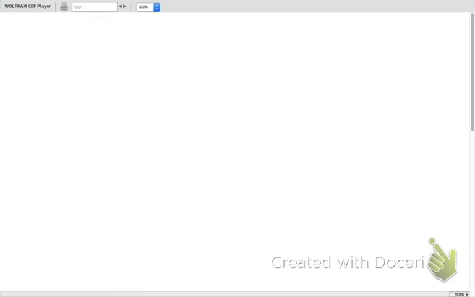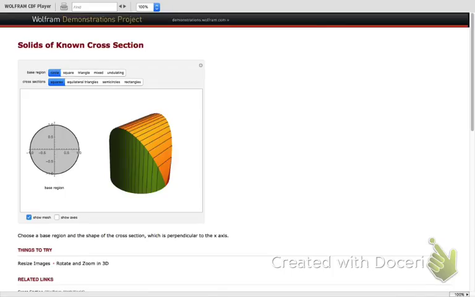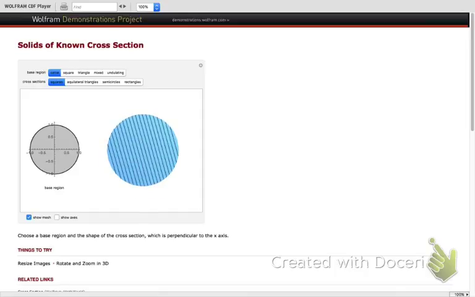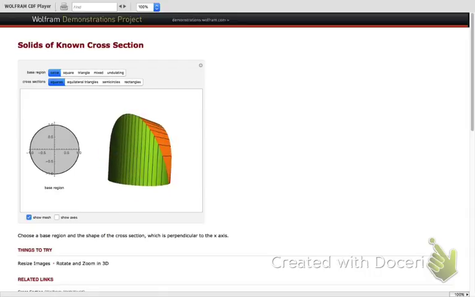Anyway, so this gray circle over here is representing the base region. And so if I take this shape and flip it upside down, you see the base region, right? Okay, so then what's going on is, you can see up here, the base region is a circle and the cross sections are squares.